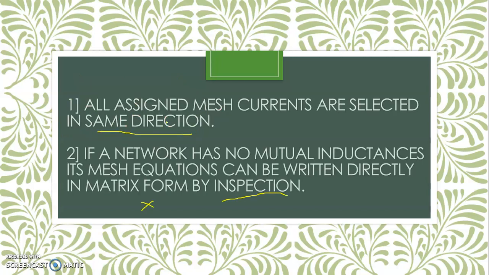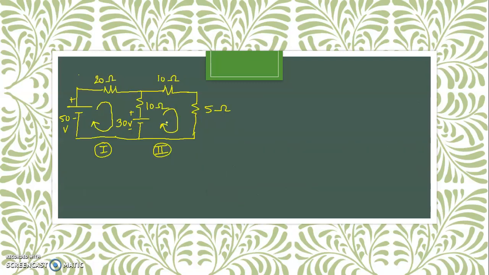We are following this: all assigned mesh currents are selected in same direction. We are following this first point. So selected loop currents or mesh currents are having same direction. Consider this as current I1, this as current I2. Okay, so we have to write the expression for both the loops.